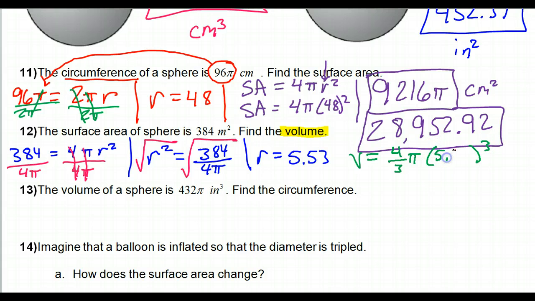So I could put in this 5.53. So I need to take this radius, cube it, and multiply by pi and 4/3. Now if I wanted a perfect answer, I would not round this number, and here's how I could do it. I need to cube this and multiply by pi and multiply by 4/3. I'm afraid I'm going to confuse you.